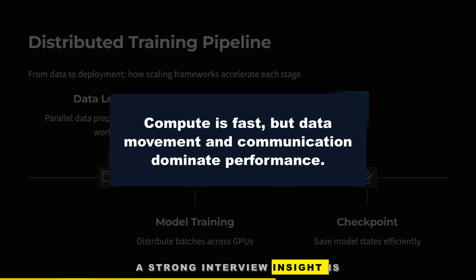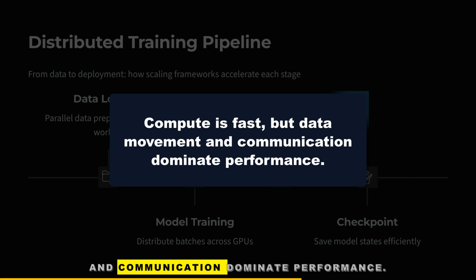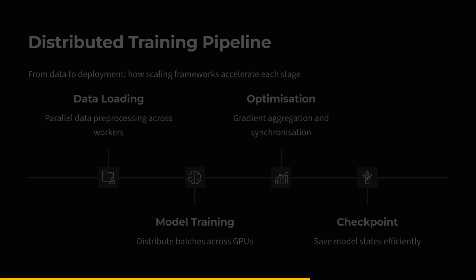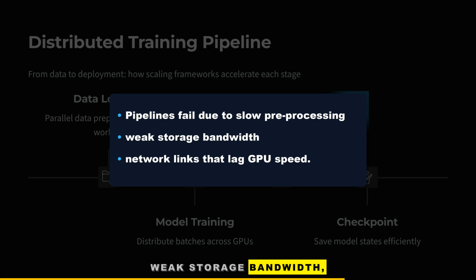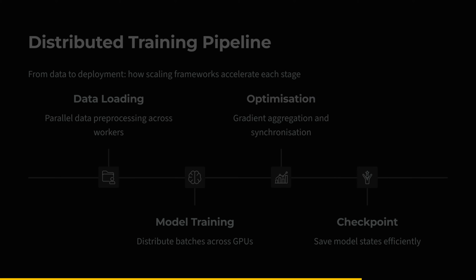A strong interview insight is that compute is fast, but data movement and communication dominate performance. When asked where pipelines fail, you can point to slow pre-processing, weak storage bandwidth, or network links that lag behind GPU speed.